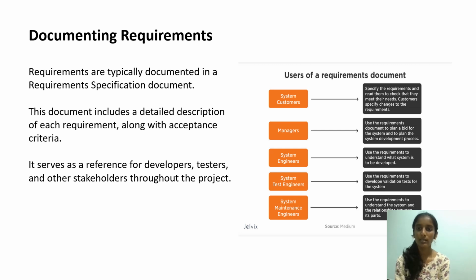System engineers use the requirements to understand what system is to be developed. System test engineers use the requirements to develop a validation test for the system. System maintenance engineers can use the requirements to understand the system and the relationship between its parts.